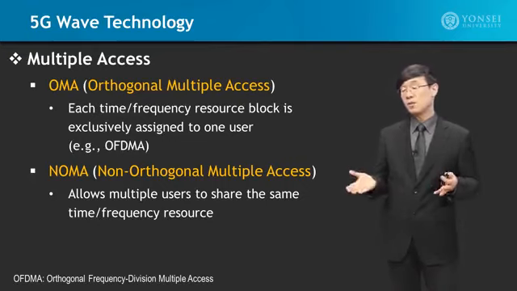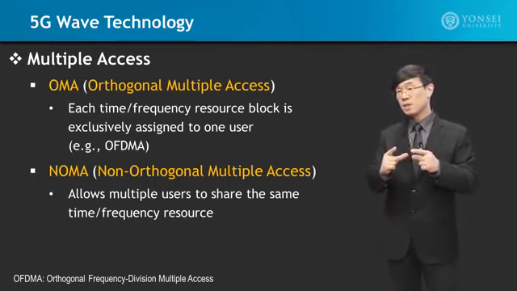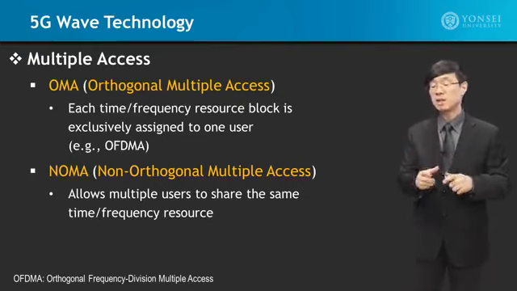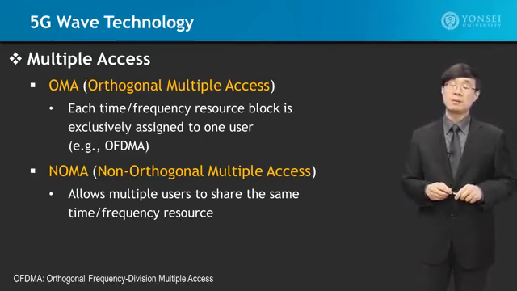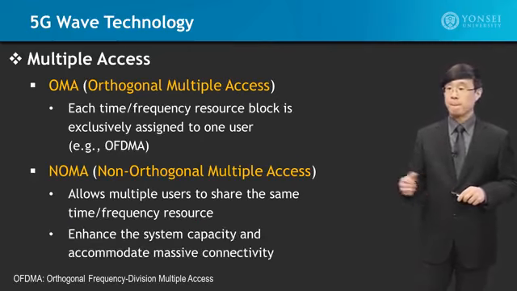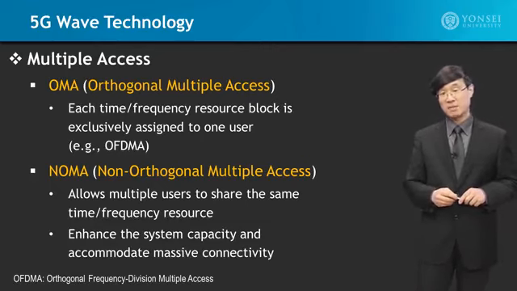So in other words, if you had a certain frequency division and also a time slot assigned, with intelligent NOMA techniques, that could be adaptively shared to enhance the system capacity and accommodate massive connectivity.